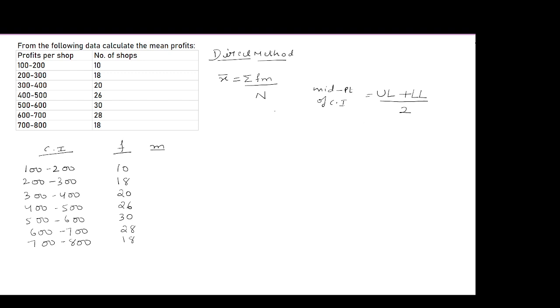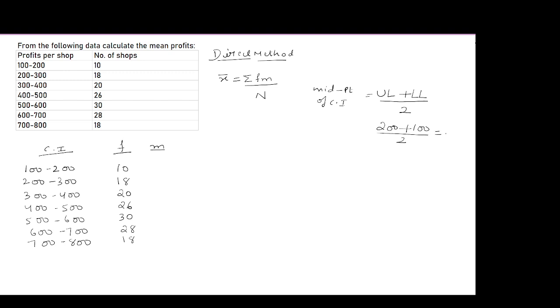Now what is upper limit of class interval? Now you can observe the first class interval given is 100 to 200. So 100 is called the lower limit of the class interval and 200 is called the upper limit of the class interval. So upper limit of the class interval is 200 plus lower limit of the class interval is 100 divided by 2.